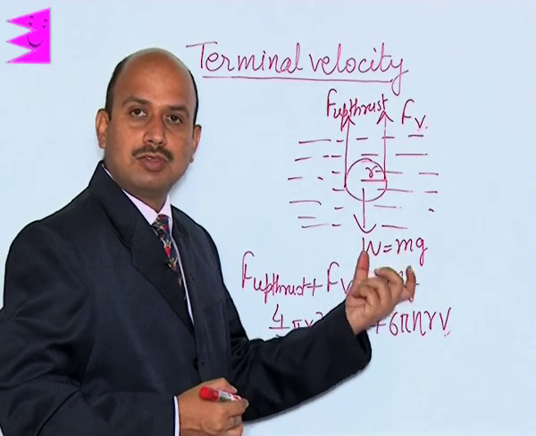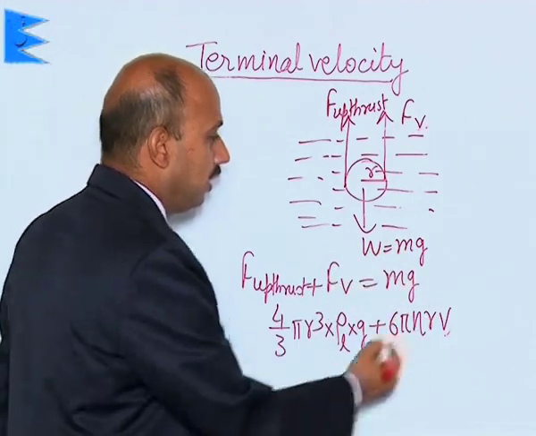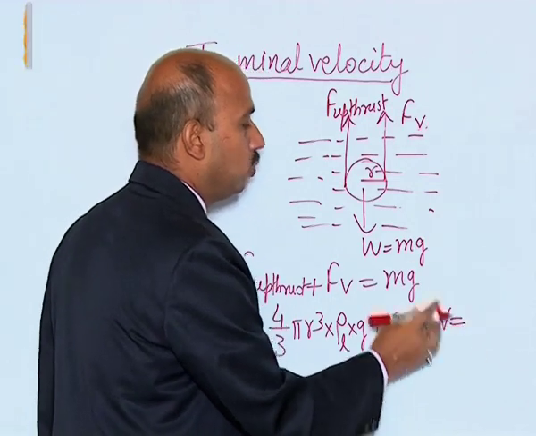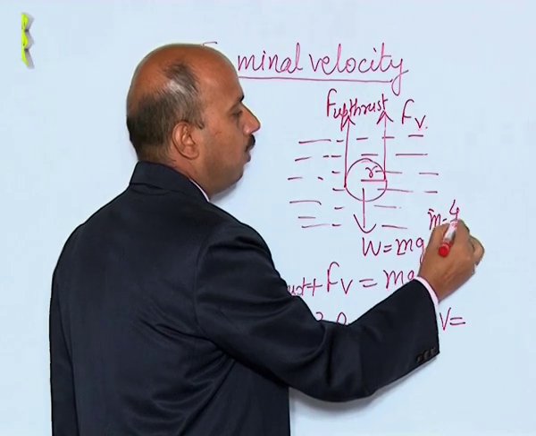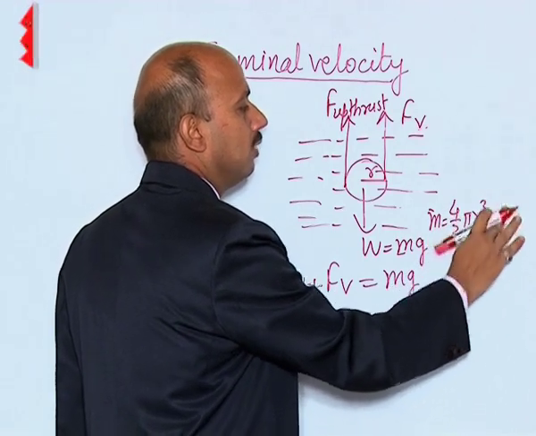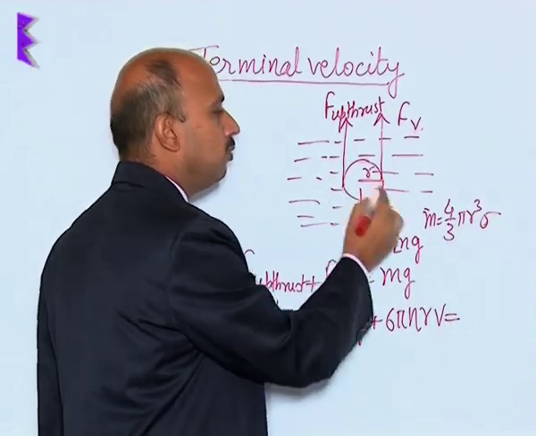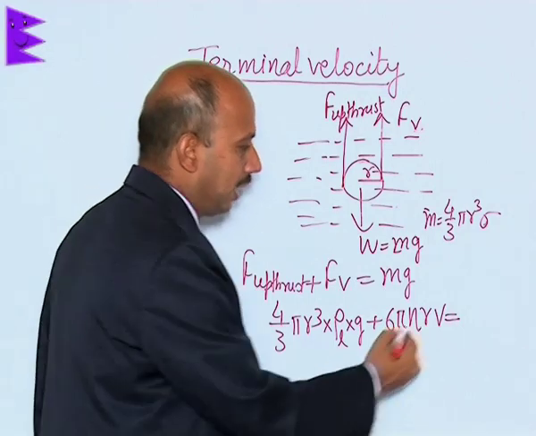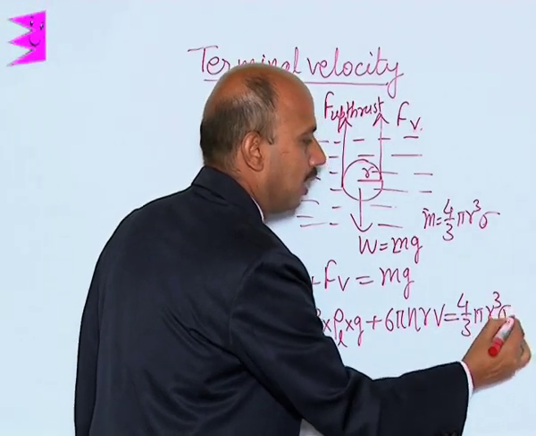This maximum constant velocity attained is known as terminal velocity, and it is equal to m into g. So, m can be written as 4 upon 3 pi r cube sigma into g, where sigma is the density of this ball.